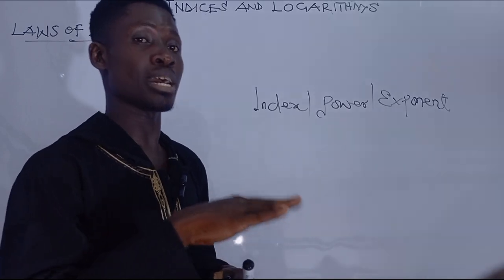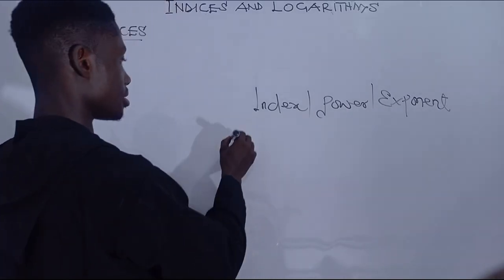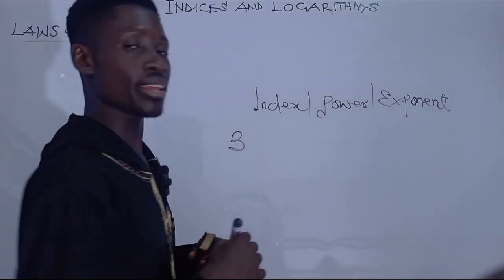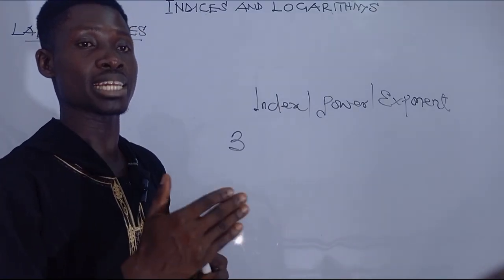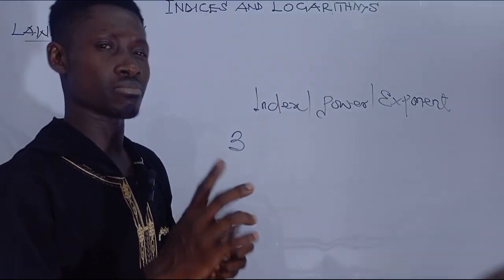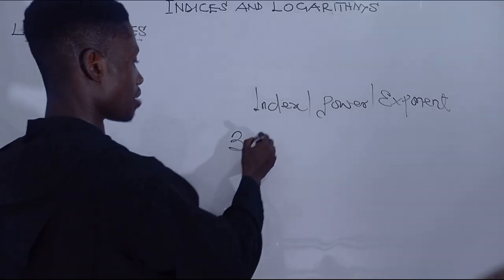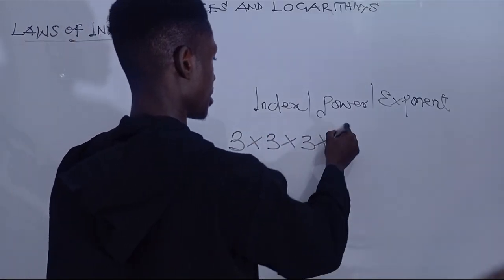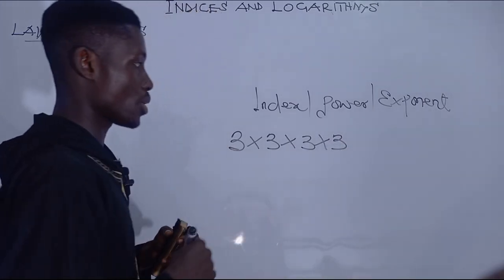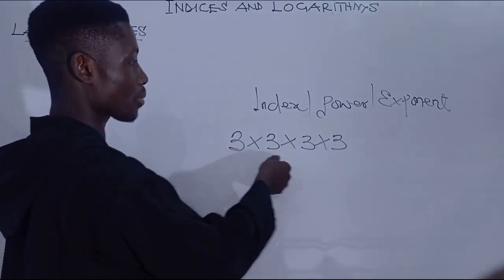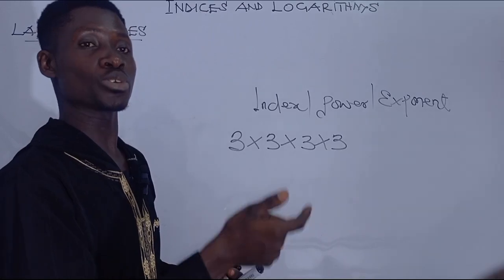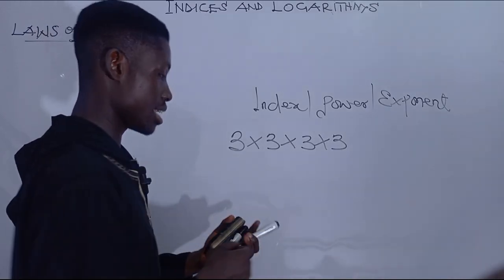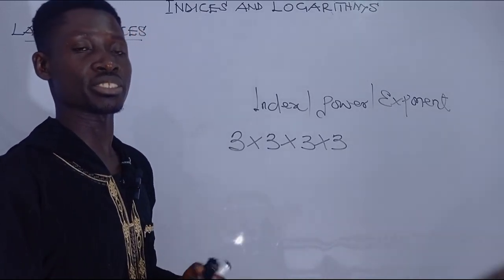Let's consider the number 3. And this number 3 is multiplying itself, let's say, 4 times. So we have 3 times 3 times 3 times 3. We can observe that the number 3 is repeating. So it becomes a repeated factor in this multiplication.